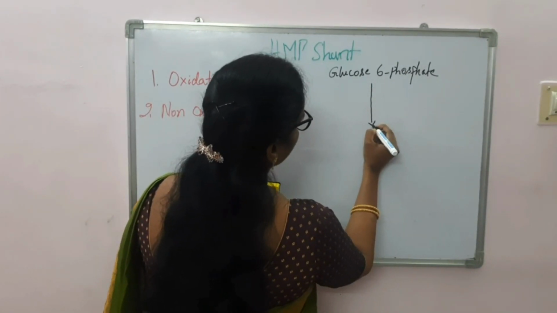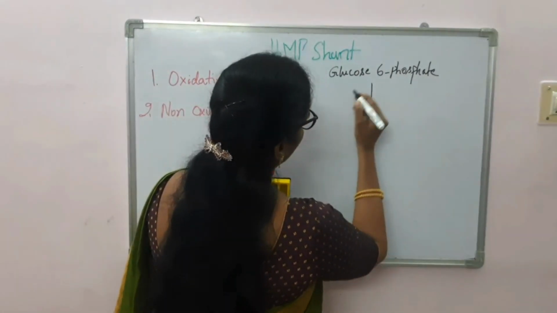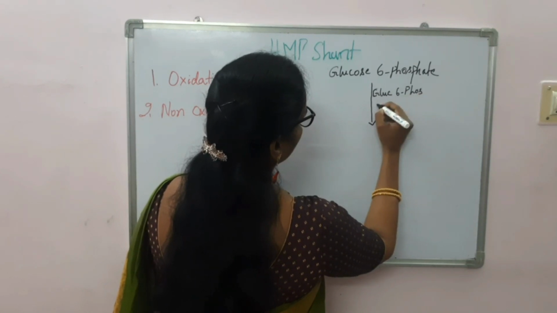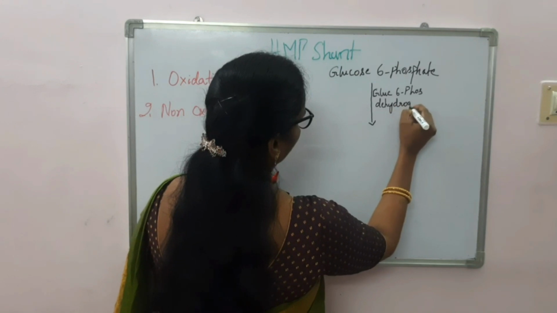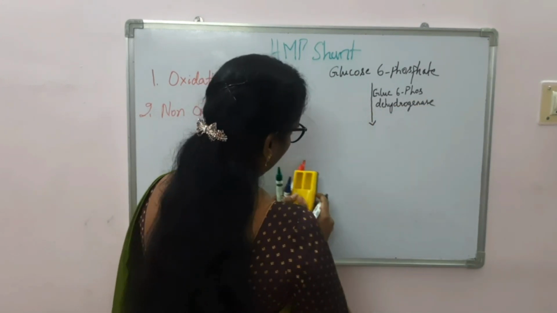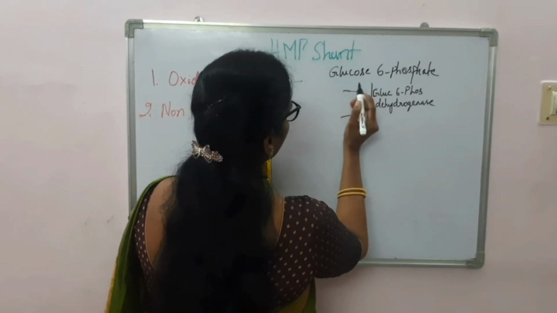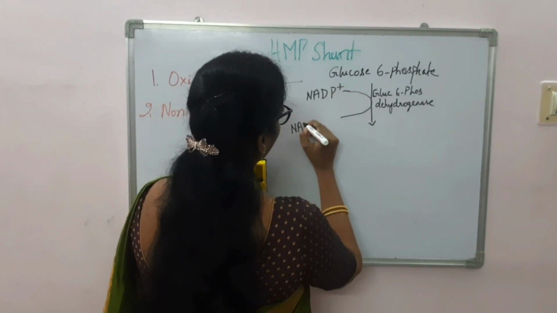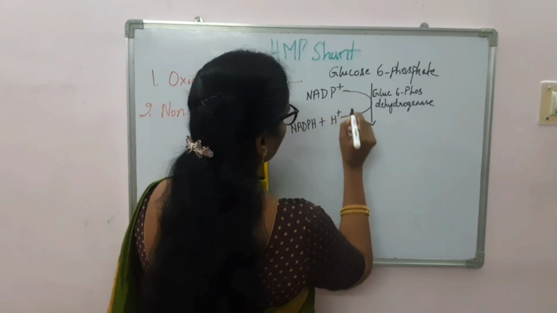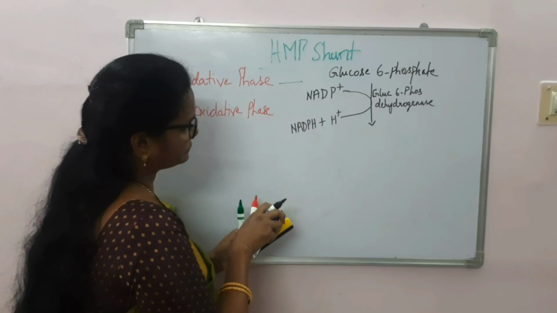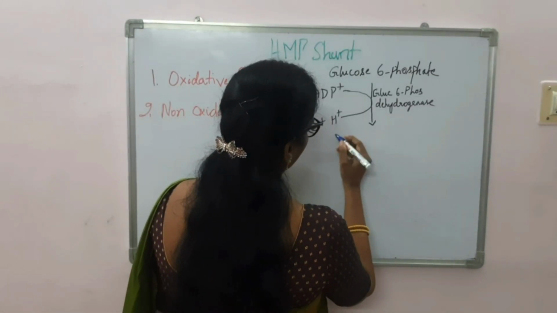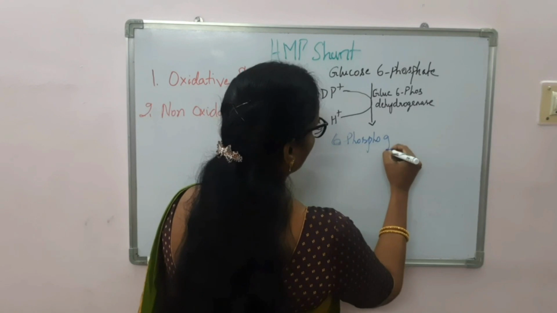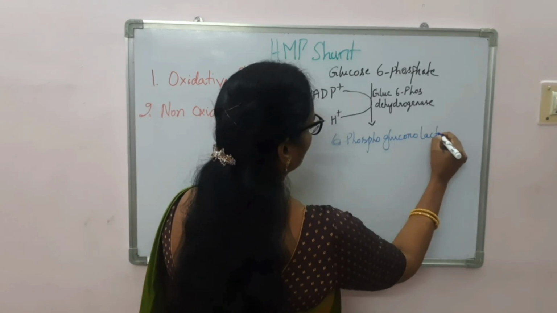This undergoes oxidative decarboxylation with the help of an enzyme, glucose 6-phosphate dehydrogenase enzyme, which is NADP dependent enzyme, where NADPH is generated with the formation of 6-phosphoglucanolactone.